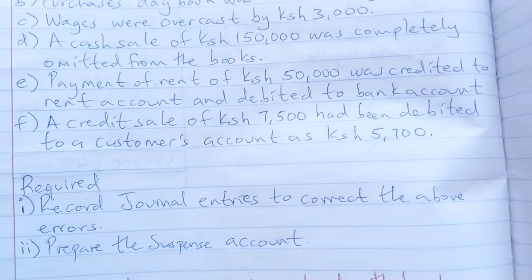Since it is a credit sale, that is why I have included the debtor's account, because a credit sale is you are selling goods on credit, and that customer who is purchasing it on credit is a debtor.